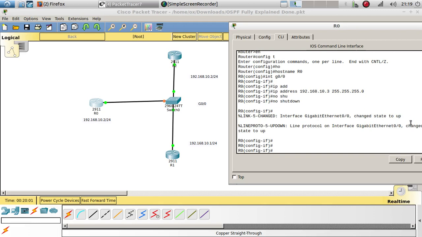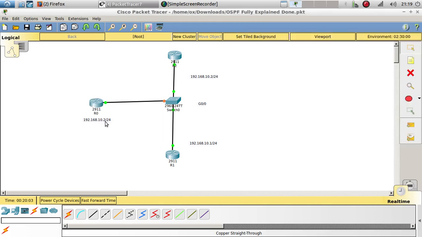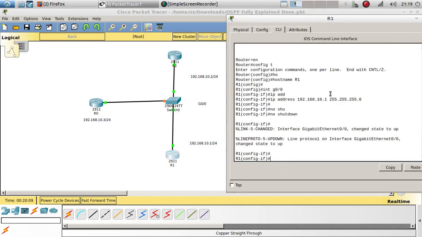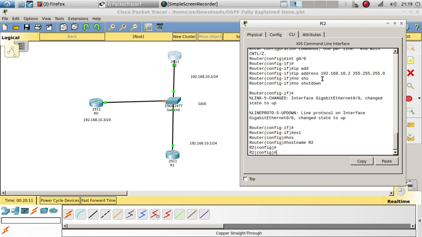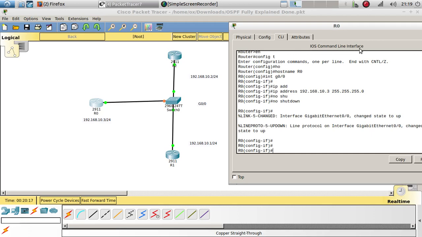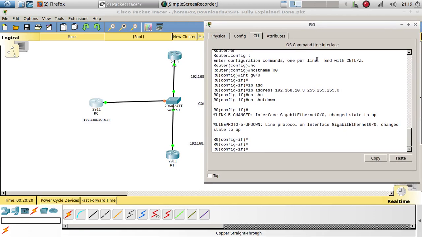Let's verify that. For this one, I put 3.3. This is .1, and this is .2. This is actually, yeah, .2. And this is .3. Okay, so they are all configured.